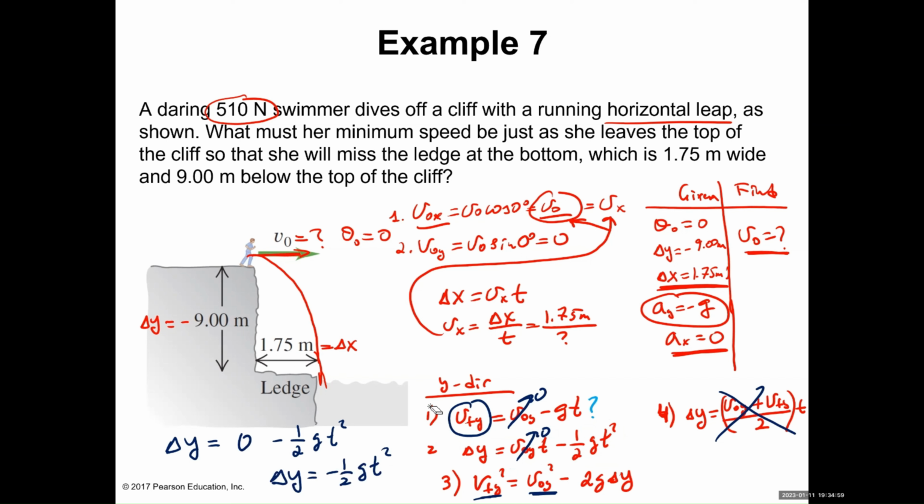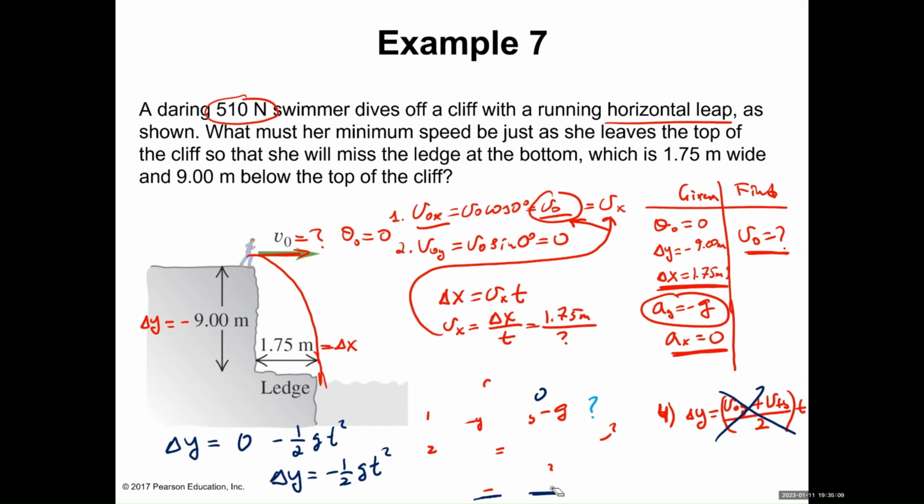So let me make some room over here. I rearrange, so it becomes negative 1/2 gt squared equals delta y.